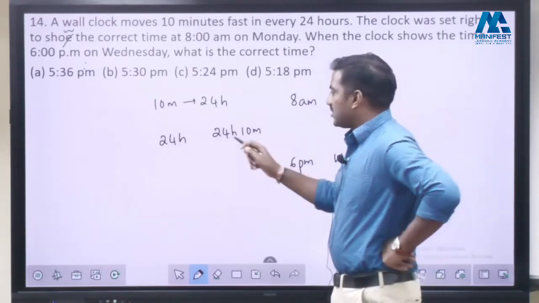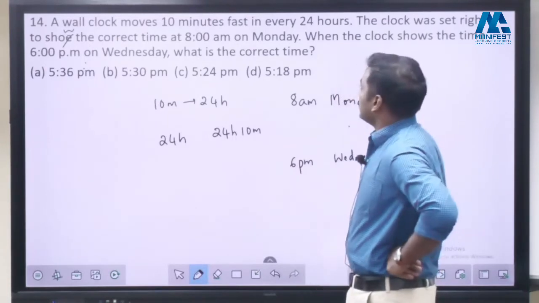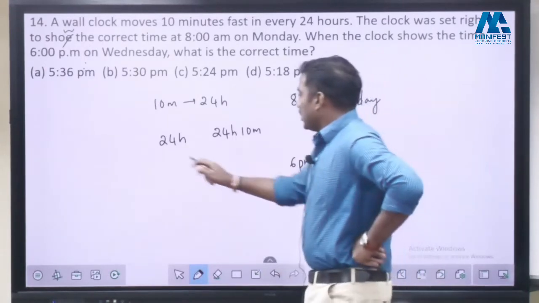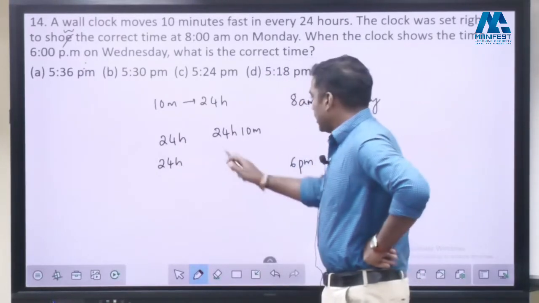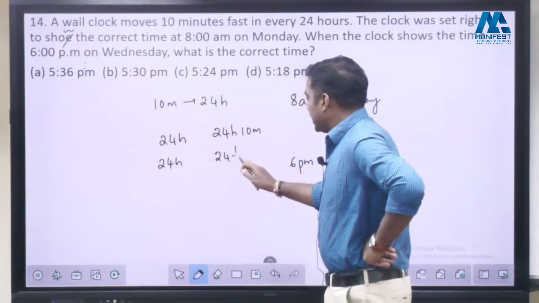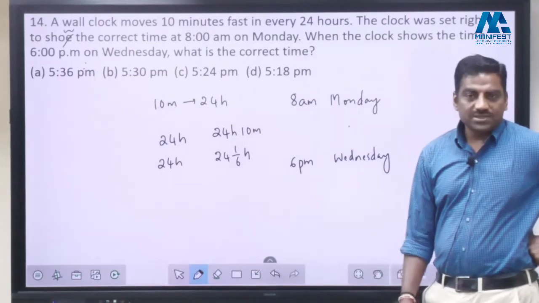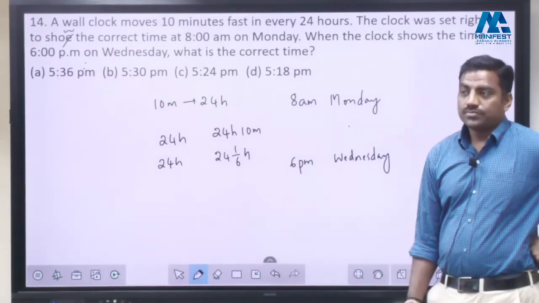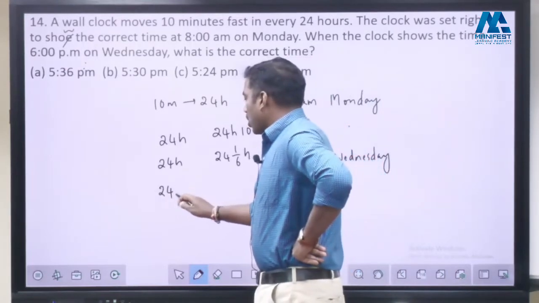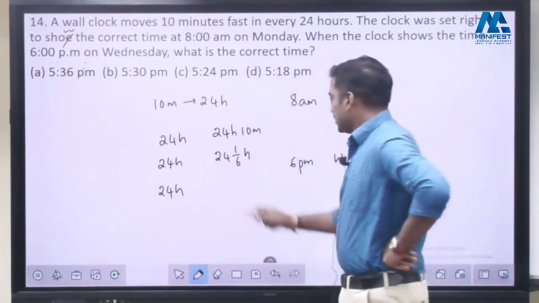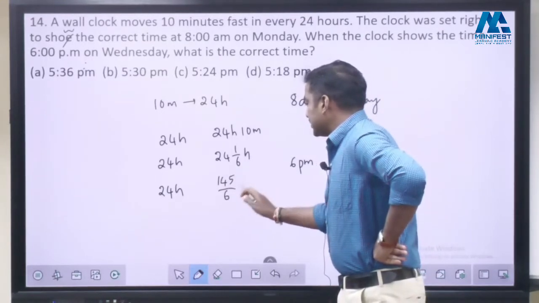Can I say, when normal clocks run 24 hours, it will run 24 and 1 by 6 hours? 10 minutes is 1 by 6 hours? Yes or no? Now, when normal clocks run 24 hours, this defective clock is running 145 by 6 hours.